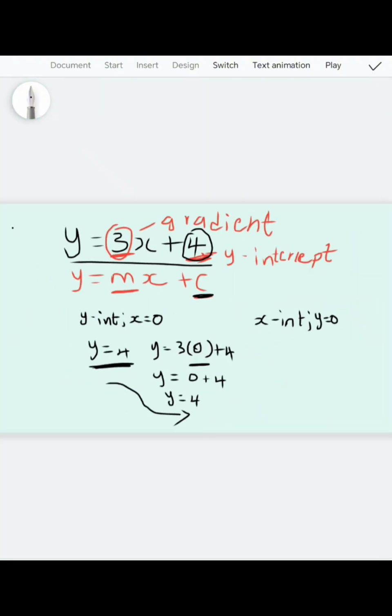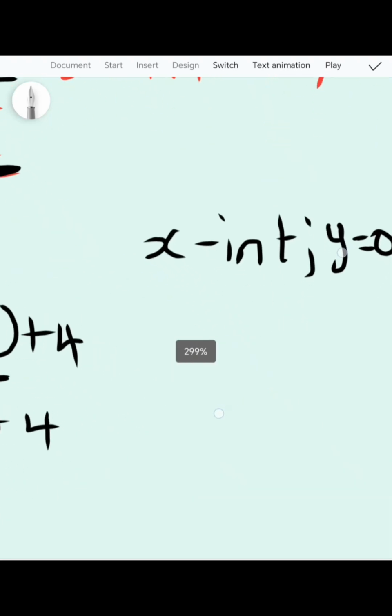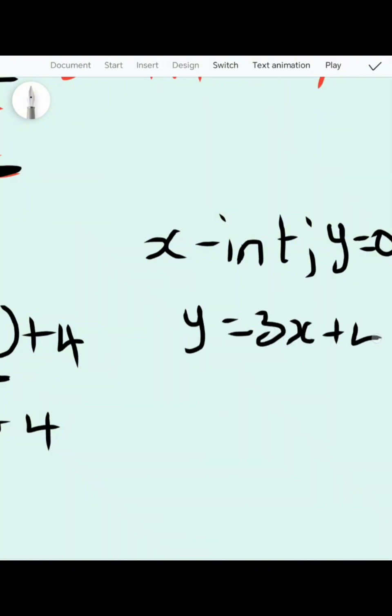So look at your formula now. Where there is y, you put 0. My formula is y is equal to 3x plus 4. So where there is y, I put 0. So this is 0 equals 3x plus 4.